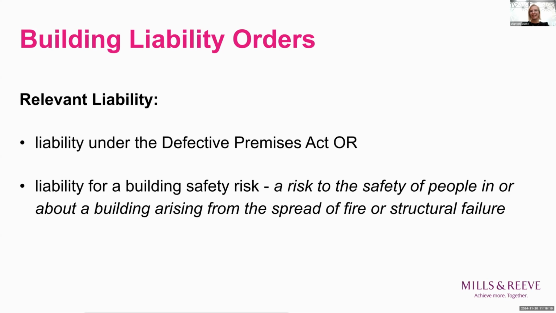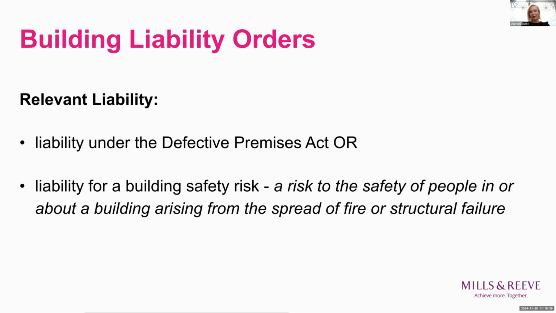So what you can see here is that the scope of a BLO is incredibly wide. It's not limited to the height of a building. It's not limited to what's defined as a dwelling. That means it can apply to hotels, hospitals, office blocks, care homes. It also doesn't require that a building is unfit for habitation. It only requires that there's a risk of safety to people from the spread of fire or structural safety.